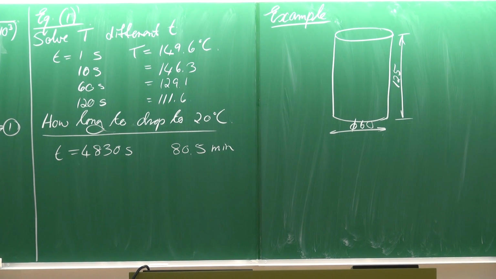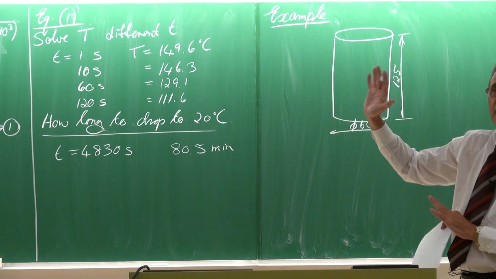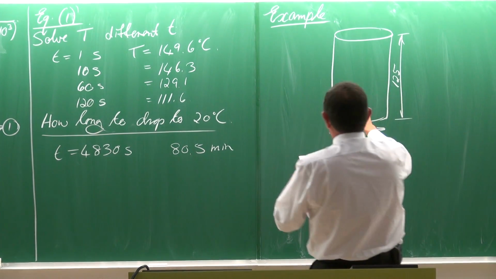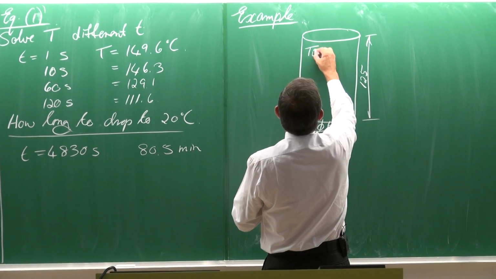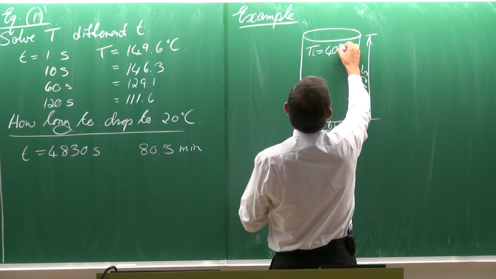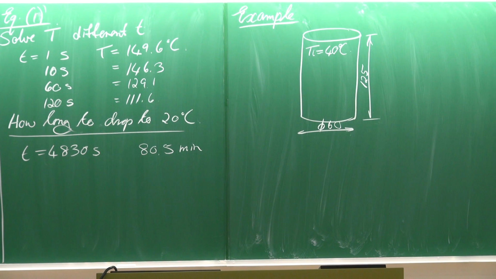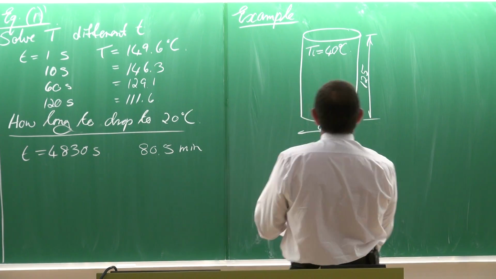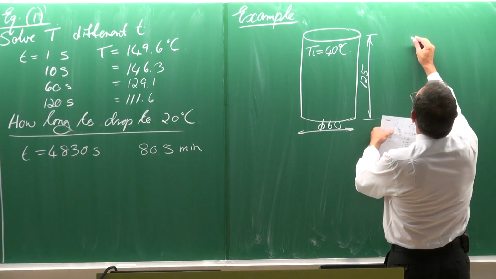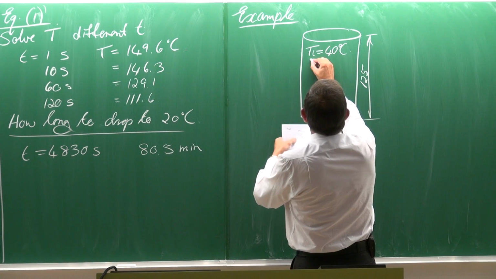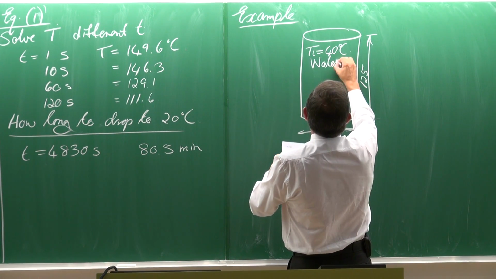Now the first year student forgot it in the boot of his car. It's standing in the sun, and the temperature of the beer is 40 degrees Celsius. I don't like beer at that temperature. I like my beer at 10 degrees Celsius.